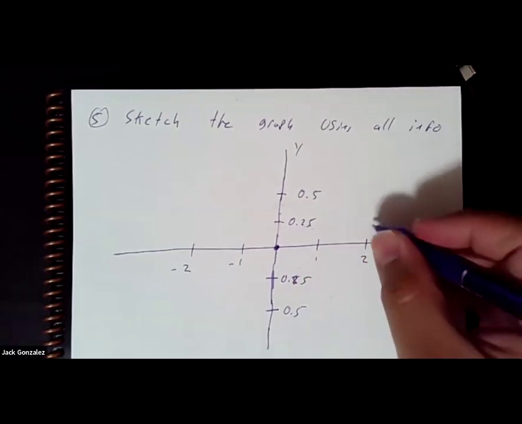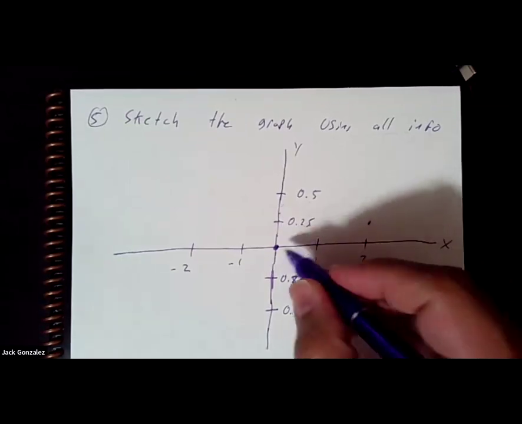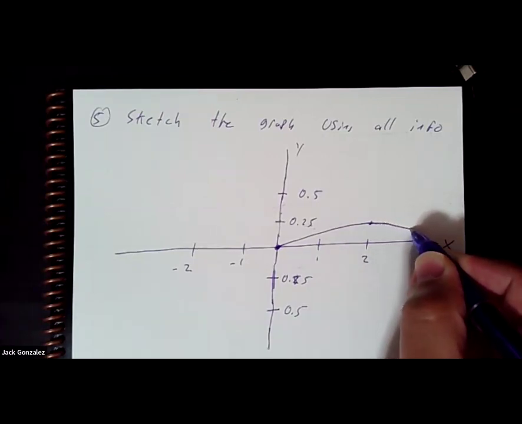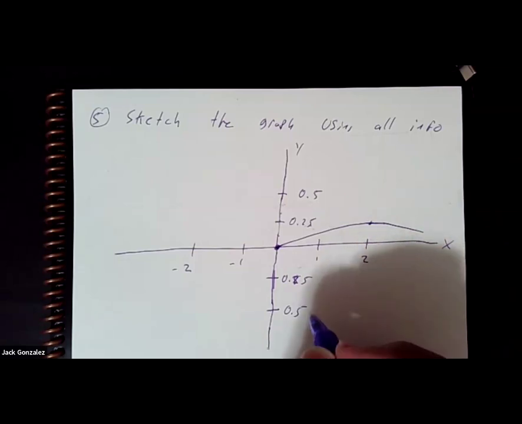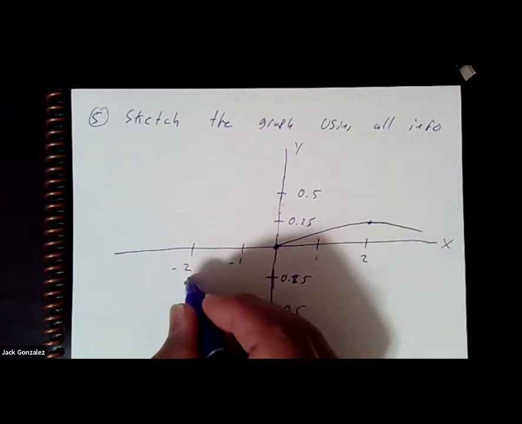Okay, so we have a maximum right here going upward like this. We have a minimum at -2 and 0.25 about here.